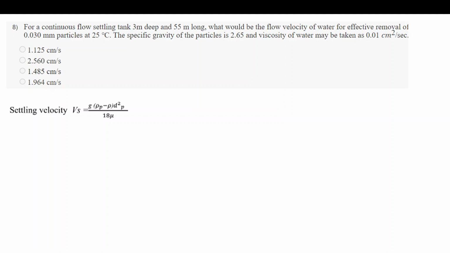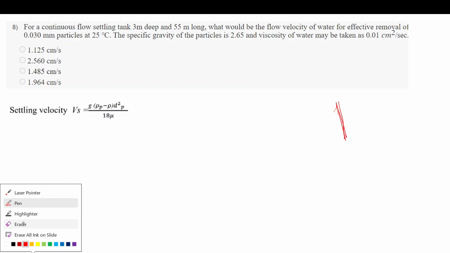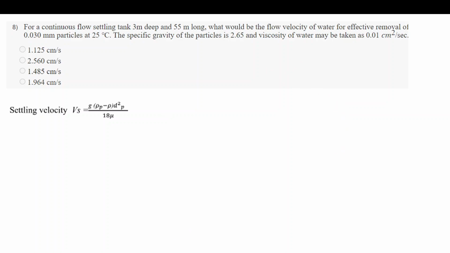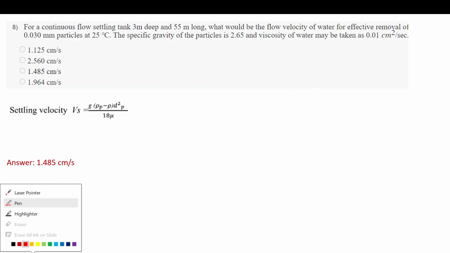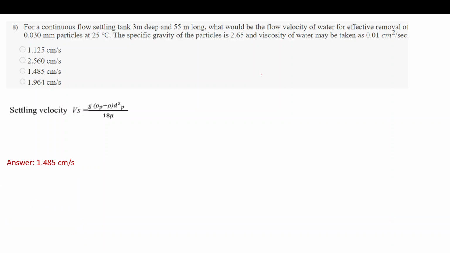Next question is, for a continuous flow settling tank 3-meter deep and 55-meter long. So let's draw that. Here you have a tank which is 3-meter deep and has 55-meter length.